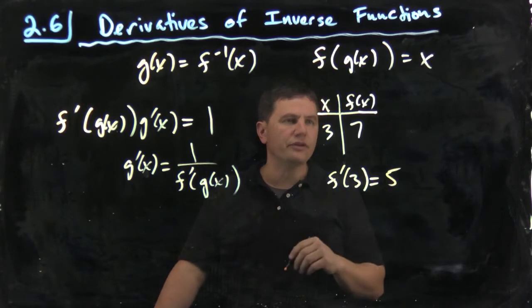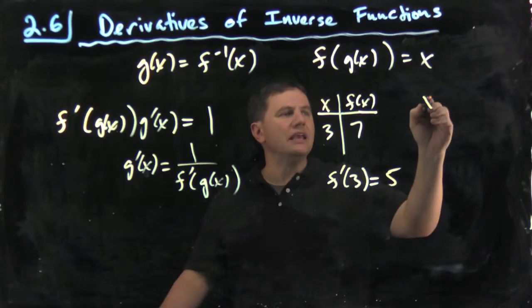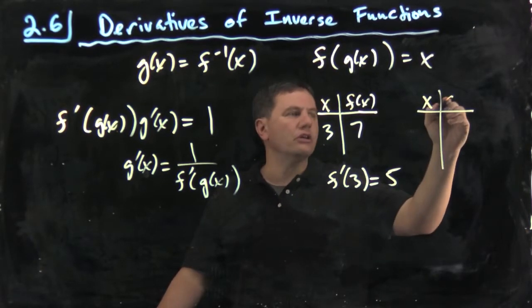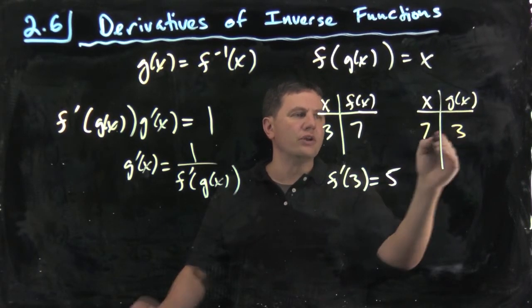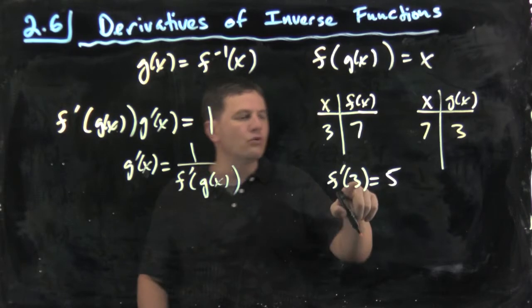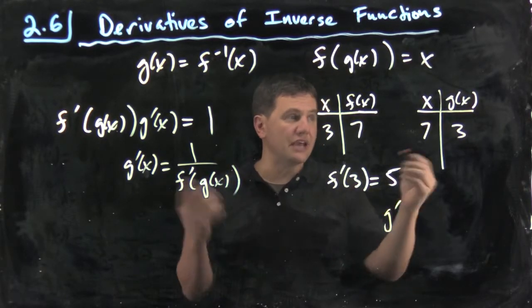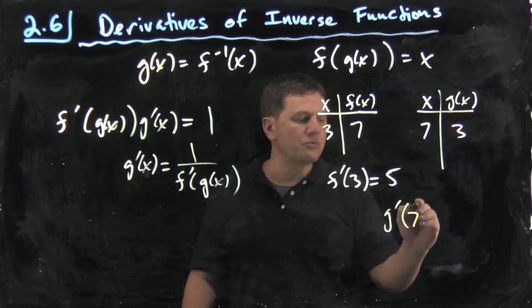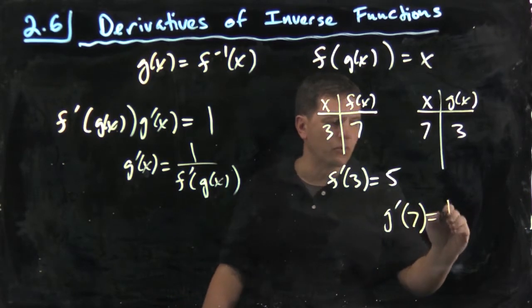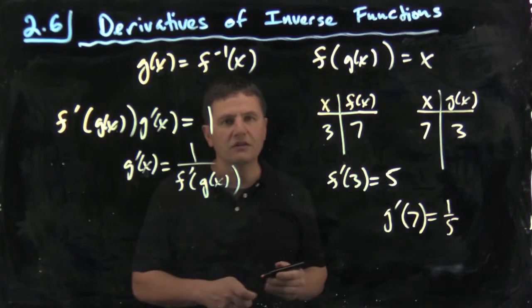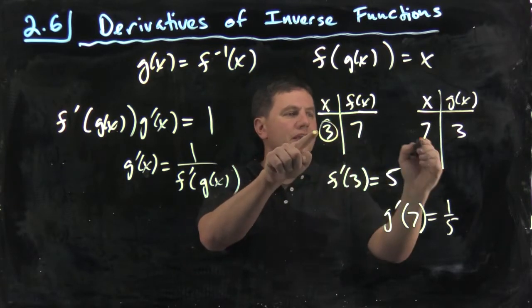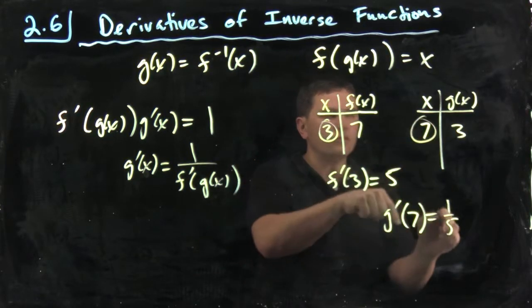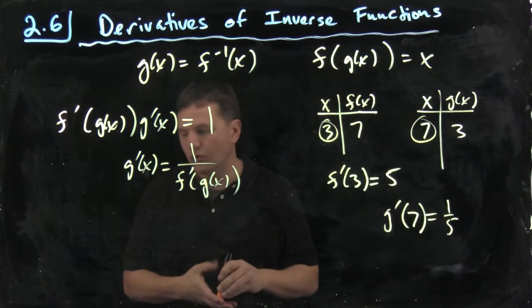Let's say that's our derivative. Now what that means is my inverse function, which I'm calling g, means that 7 goes to 3, right? It undoes it. So I don't know what g prime of 3 is, I have no idea, but I do know that g prime of 7 is going to be the reciprocal of that. And this is the part that throws people off. So the input in f is going to correlate to the output when we do the inverse function g, when it comes to those derivatives.